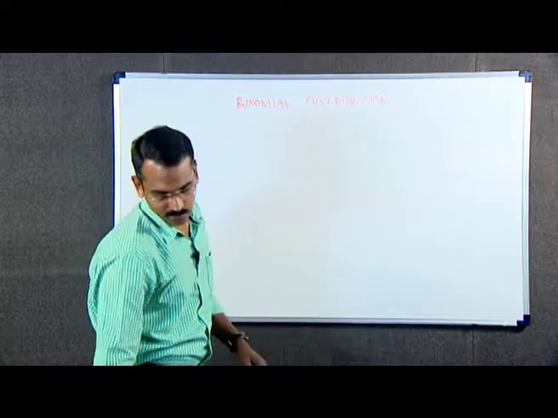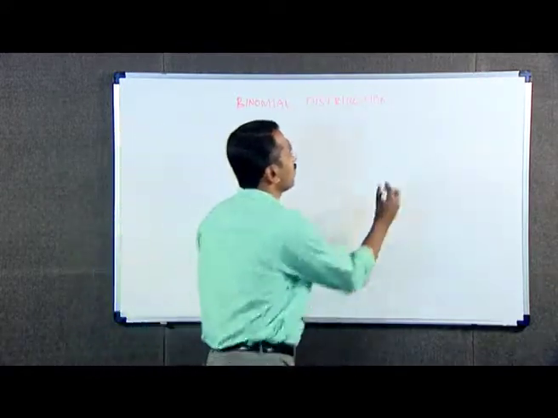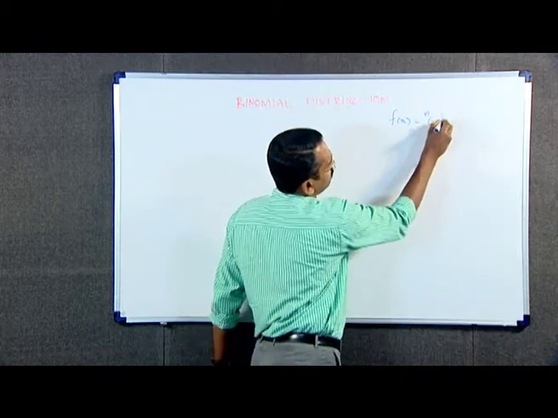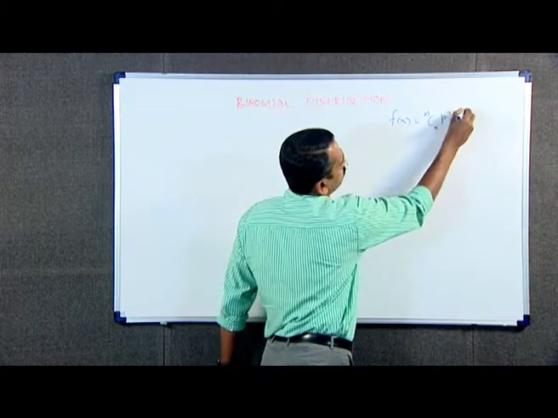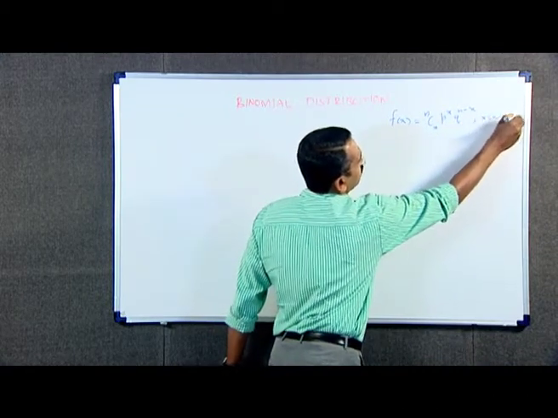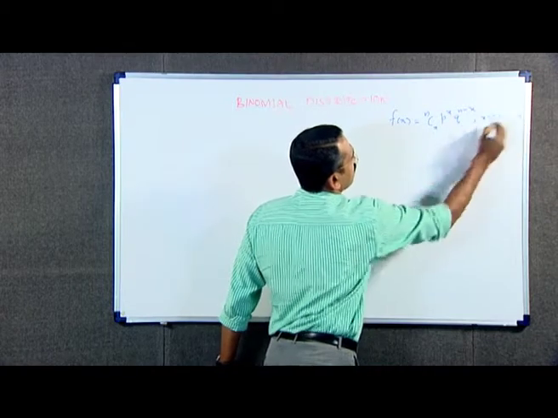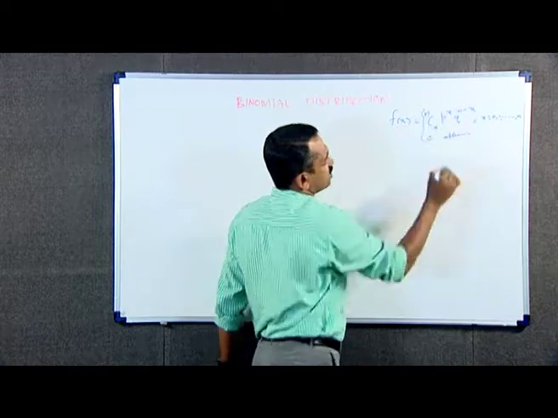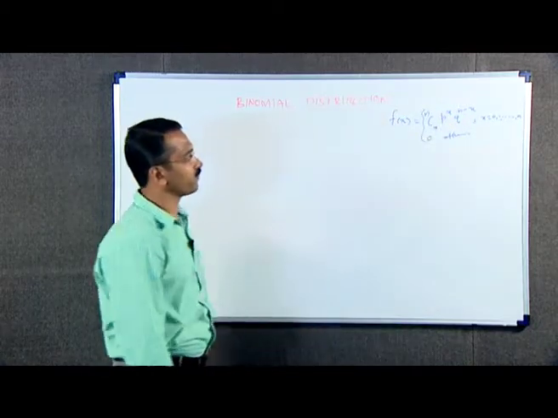Here the function is f of x is equal to nCx p raised to x q raised to n minus x, where x varies from 0, 1, 2, 3 up to n and 0 otherwise. This is the PMF of binomial distribution.